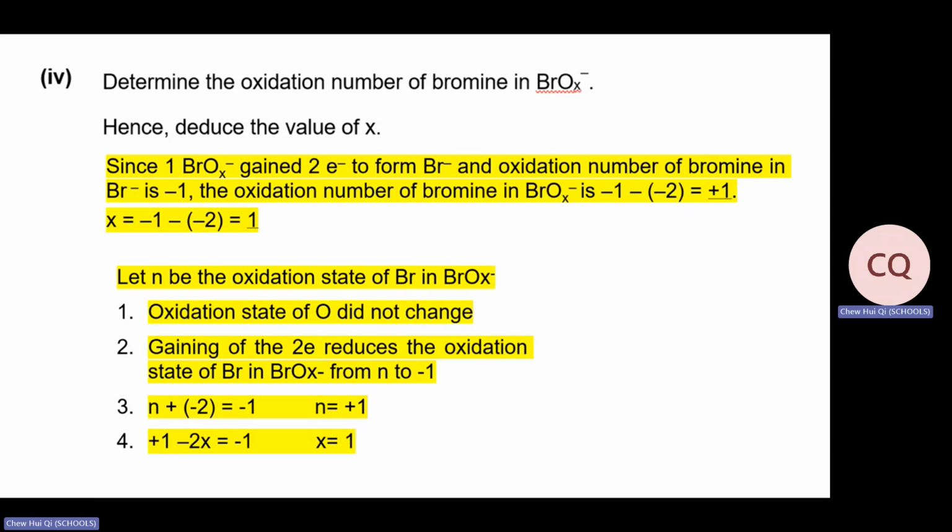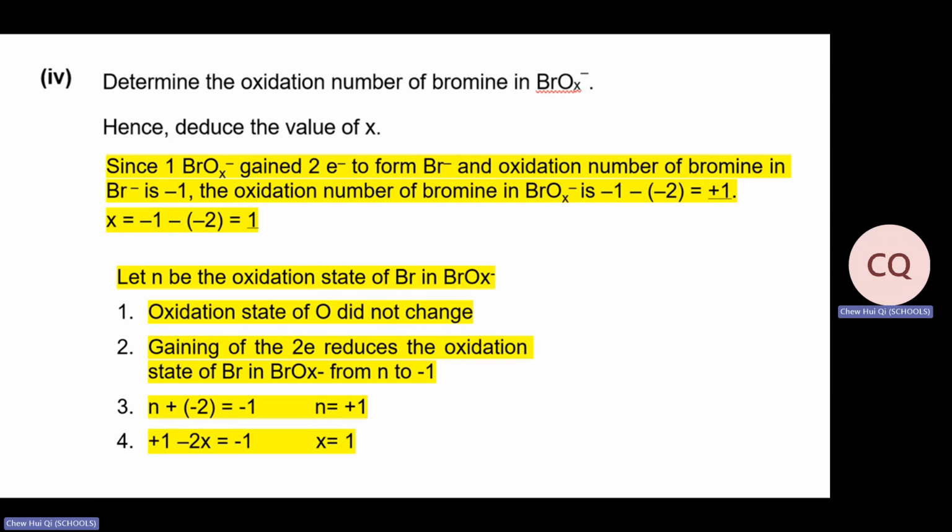Now determine the oxidation number of bromine in BrOx minus, and hence deduce the value of x. We have given you the first part of the answer. If you don't really understand how to do this, I've given you another approach, which is the one at the bottom. So you understand that one mole of BrOx minus actually gains 2 moles of electrons to form Br minus.